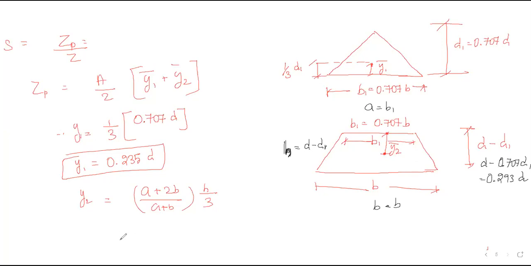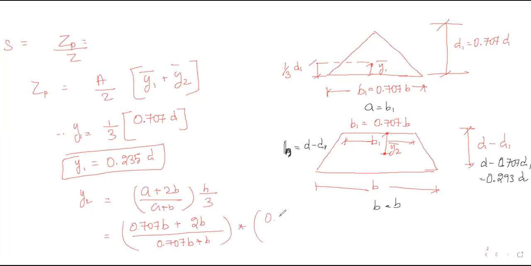Okay. Now substitute these values into this equation. So instead of A, I'm going to substitute B1, that is 0.707 times B, plus 2 times B, divided by 0.707 times B plus B, and into H by 3.